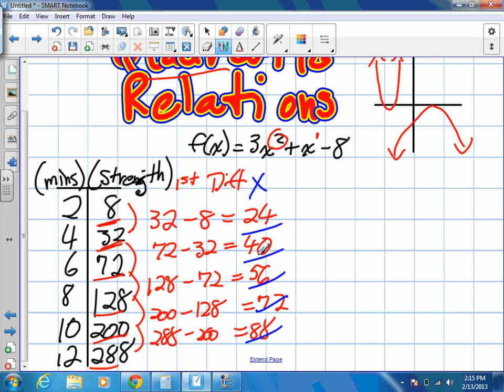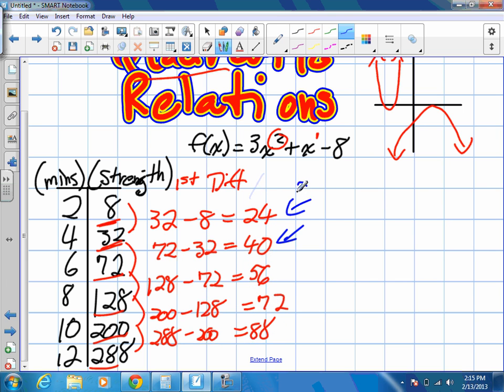So what we do is we take these differences and we subtract them again. This is called second differences. Second differences, if they're the same, give us quadratic relationships. So we take 40 and we subtract 24. What do we get? Good.